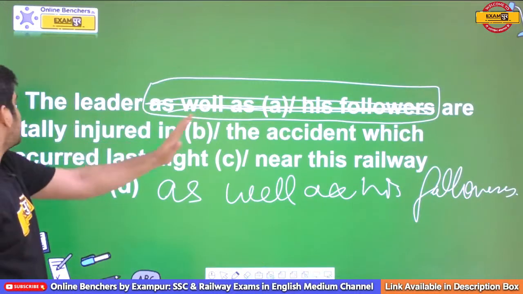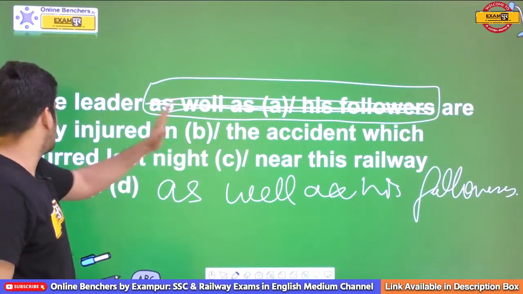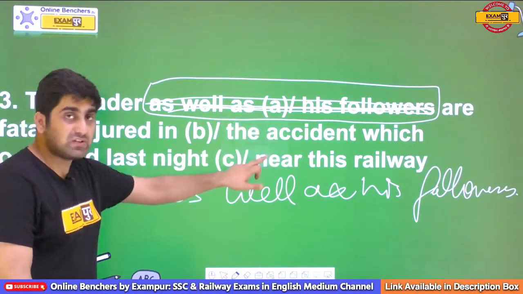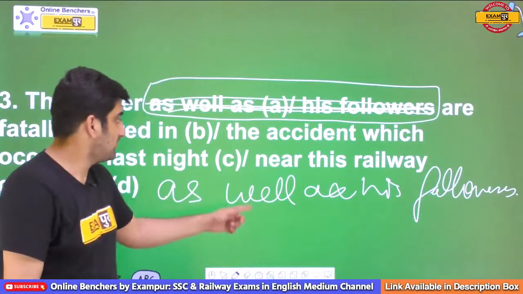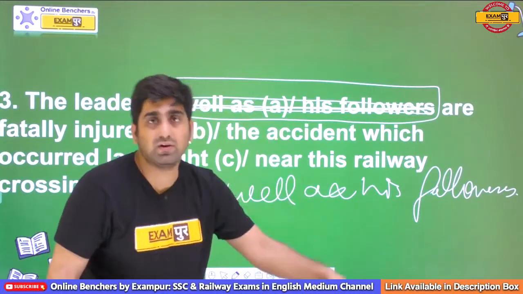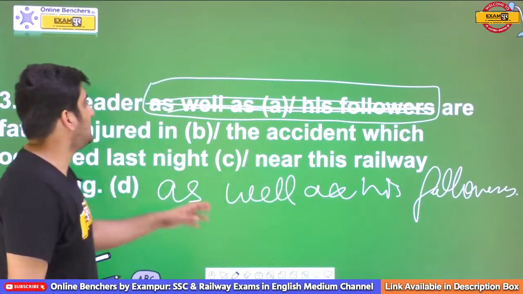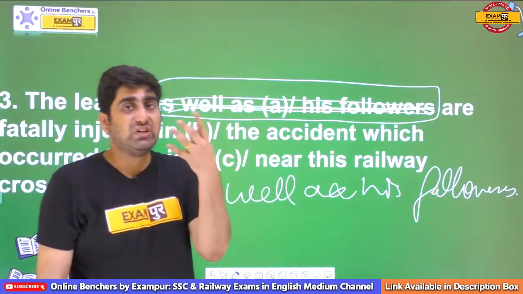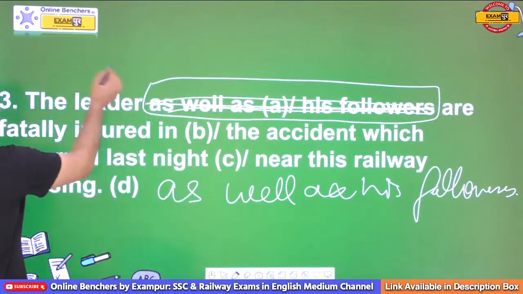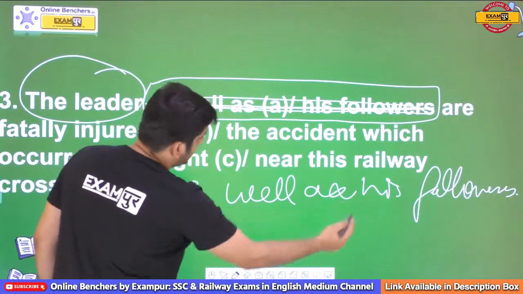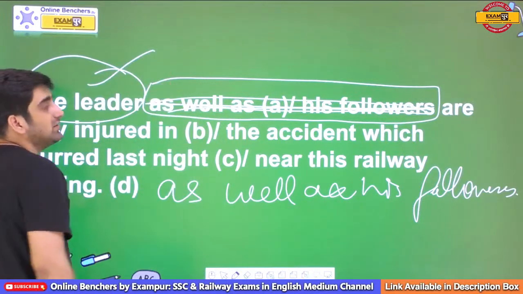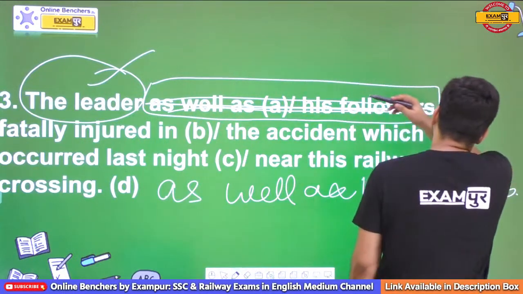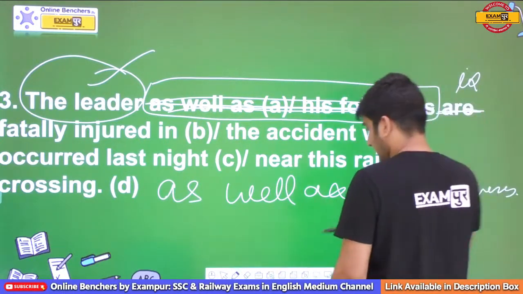The leader is injured in the accident which occurred last night near the railway crossing as well as his followers. Obviously the major attraction of the sentence, the agenda of the sentence, is more leader and less followers. So the verb will agree with the leader, and since it is singular, the verb will be singular.